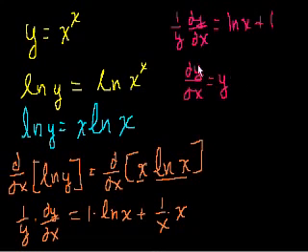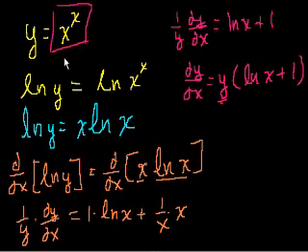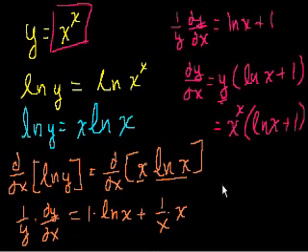I'm just multiplying both sides of this equation times y. y times the natural log of x plus 1. Now you might say you're done, but some people just don't like it. The change of y with respect to x, they don't like it being defined in terms of y. So let's substitute. We know that y is equal to x to the x. So that equals x to the x times the natural log of x plus 1.